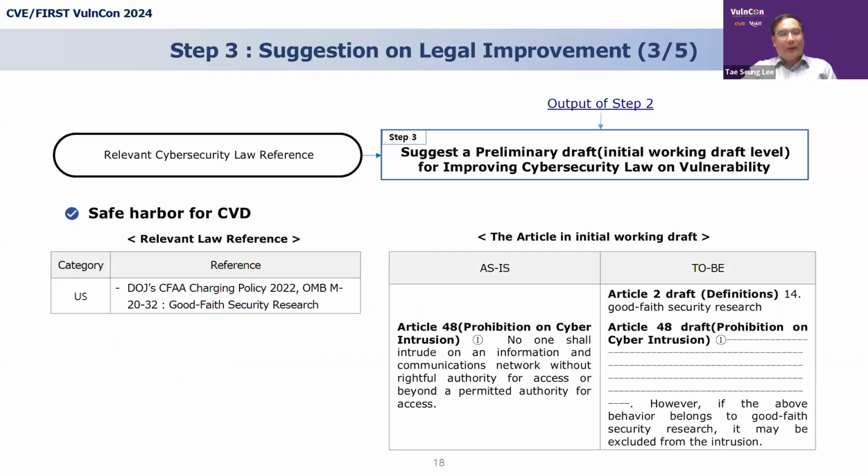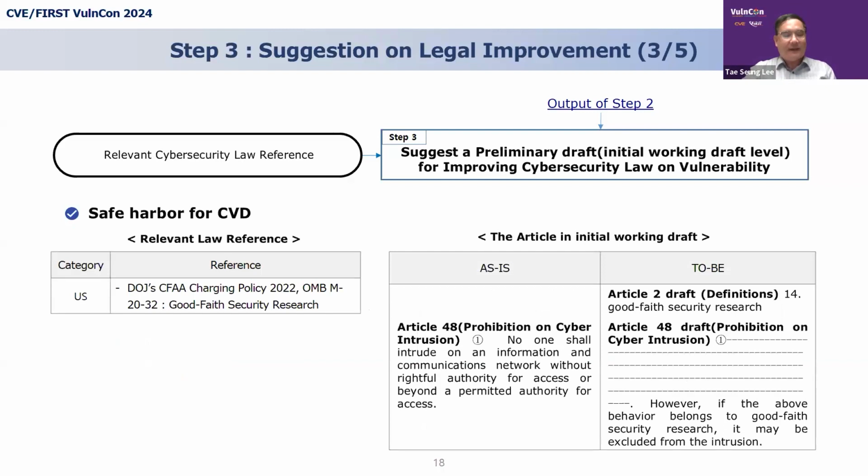In order to make a safer harbor for good-faith security research, I refer to US DOJ's revised charging policy and OMB memorandum. They define good-faith security research for safer harbor.